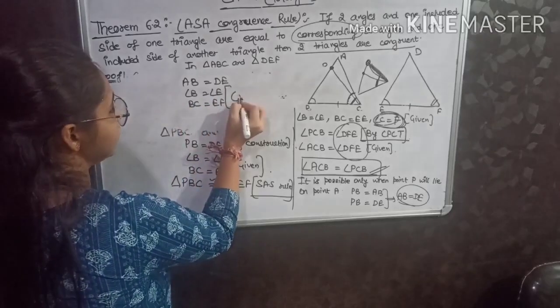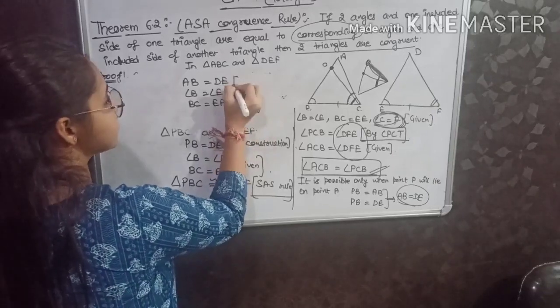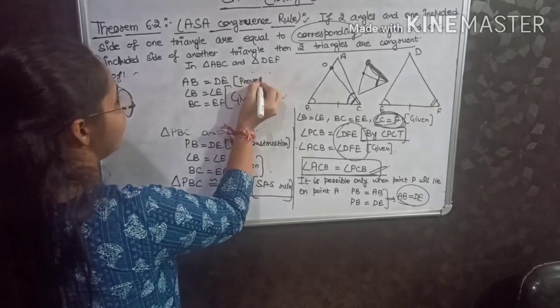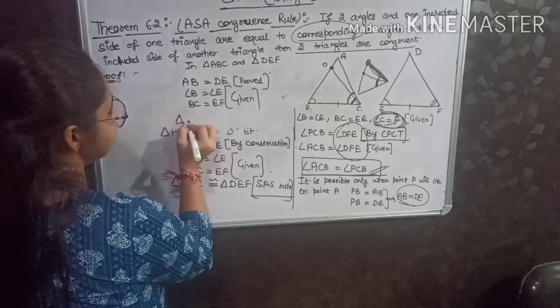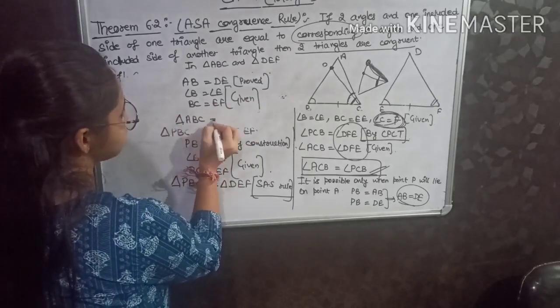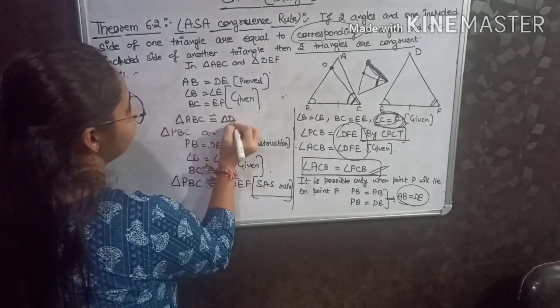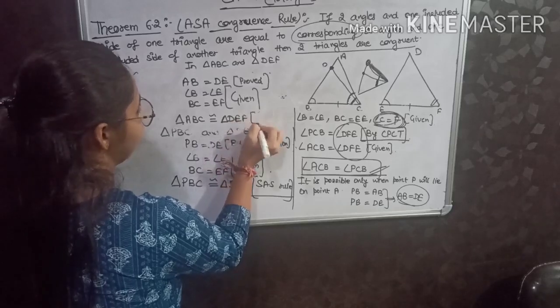This is given, these two things, and this is proved. So, by SAS rule, triangle ABC is congruent to triangle DEF.